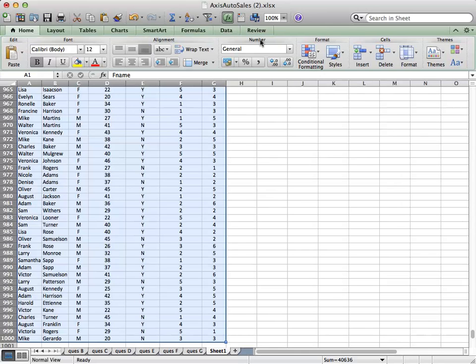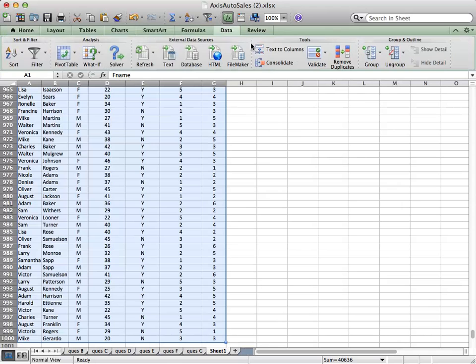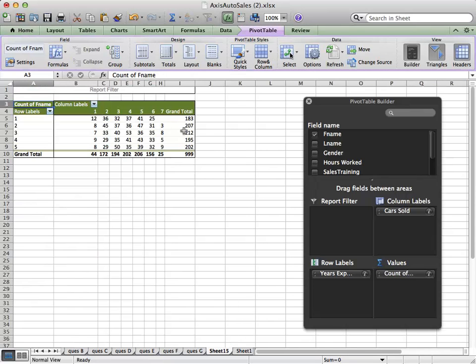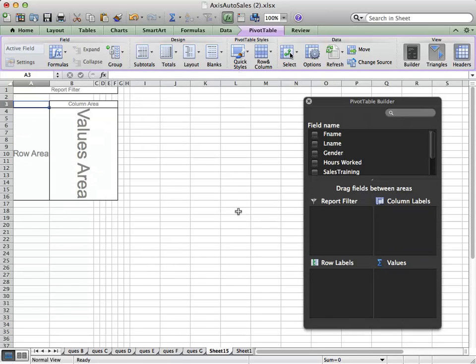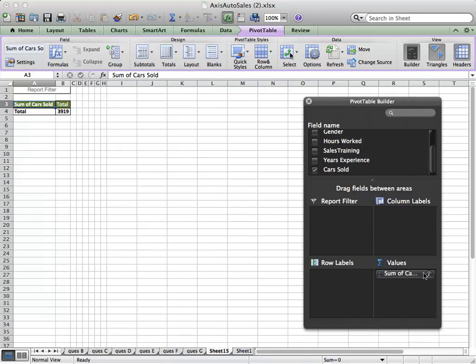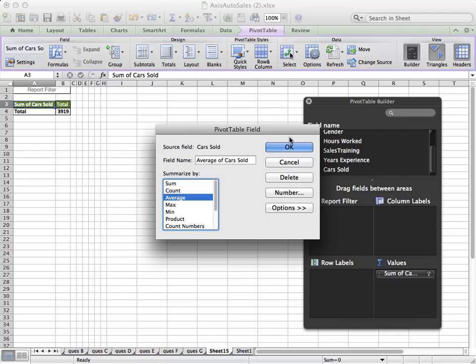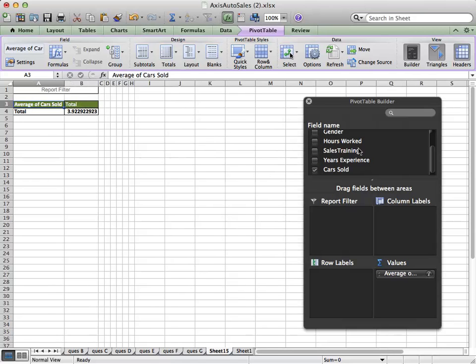Question H is average cars sold per month by whether or not they had sales training. This is one people had a little bit of trouble with, but let's break it down. So we want the average cars sold per month. So we want cars sold, average, and then we want sales training.